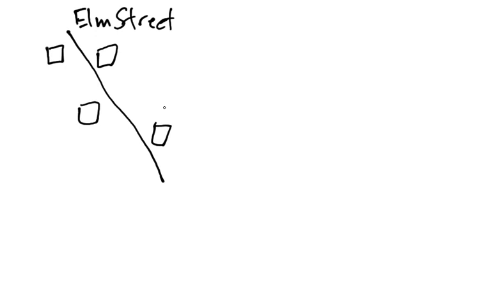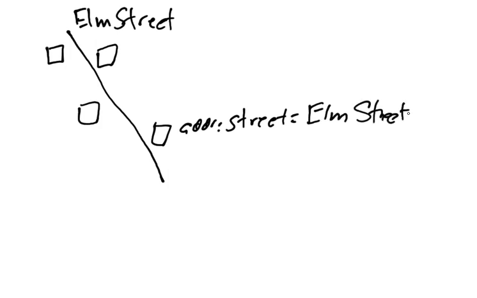So we've got our houses, we've got our street. Now in the previous example we talked about adding the street name to these houses. We did that with the addr:street tag, so addr:street equals Elm Street.